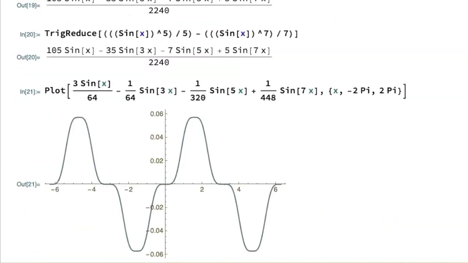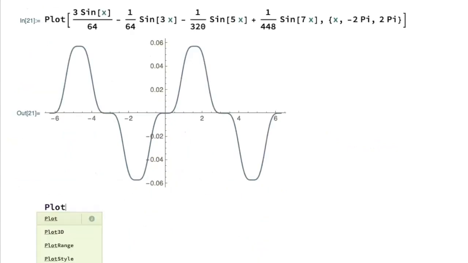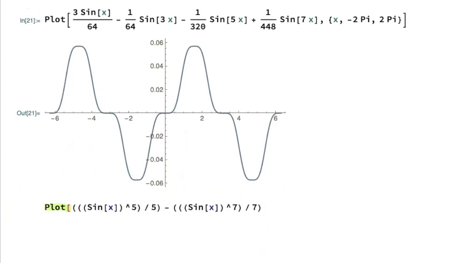I ask Mathematica to plot that. So that's what it says the integral should look like. So now I'm going to go ahead and take my answer, and again, I can do this just by cutting and pasting. And I'm going to, again, give the same interval.